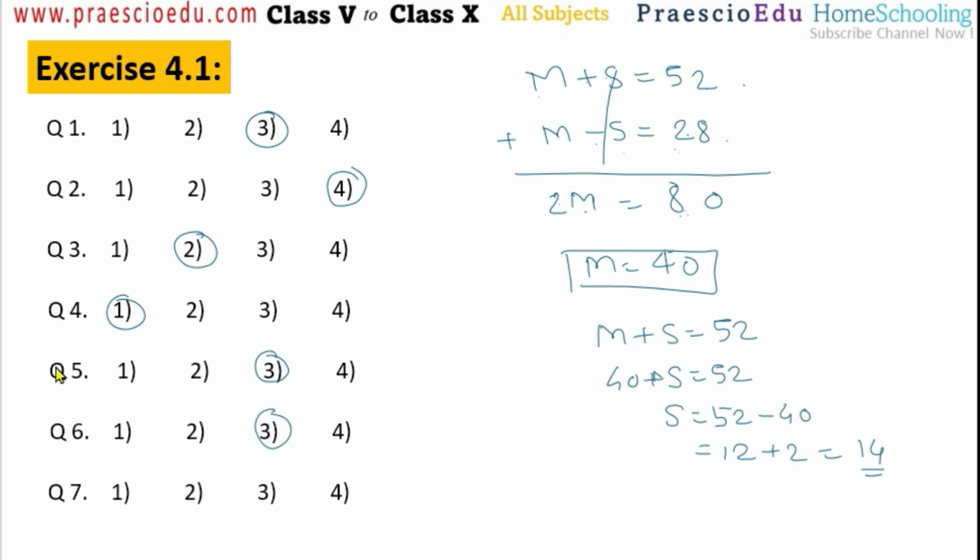Now, question number 7. Chintu and Pinky have a 4 year difference in their ages. So just assume Pinky and Chintu, but we don't know who is elder and who is younger. Suppose C for Chintu and P for Pinky. So C minus P is equal to 4, their difference is 4 years.